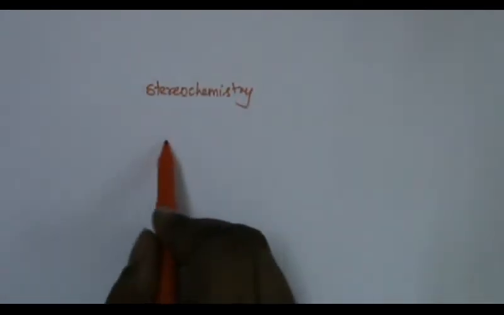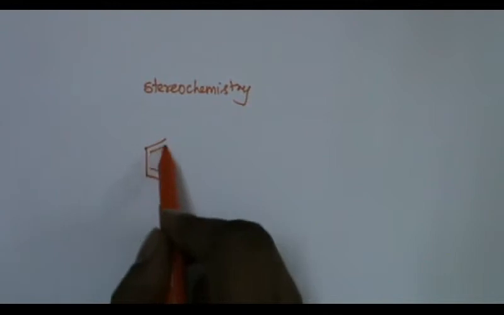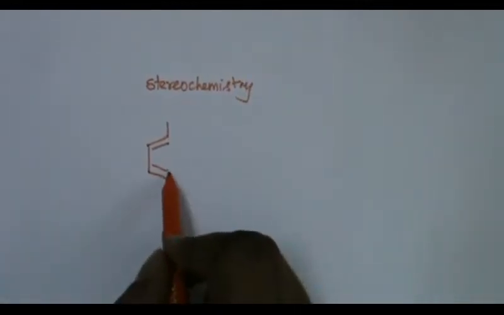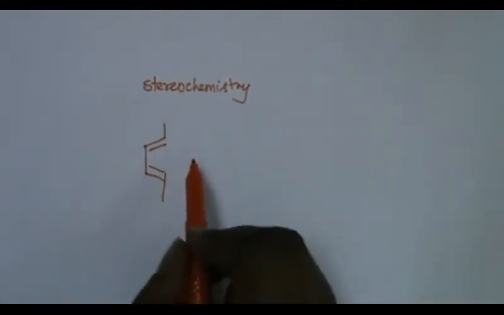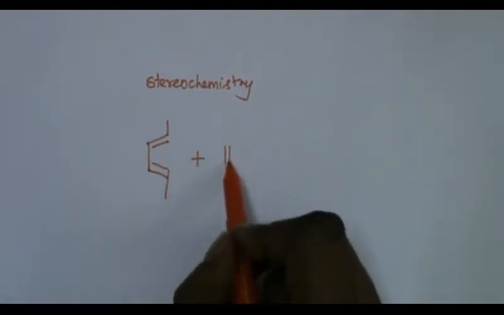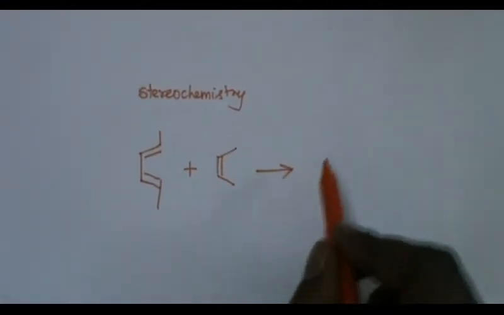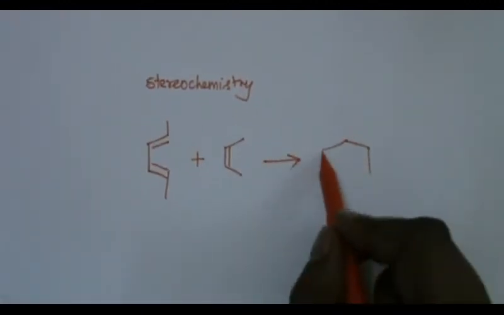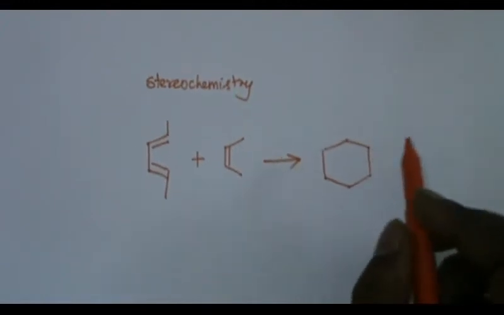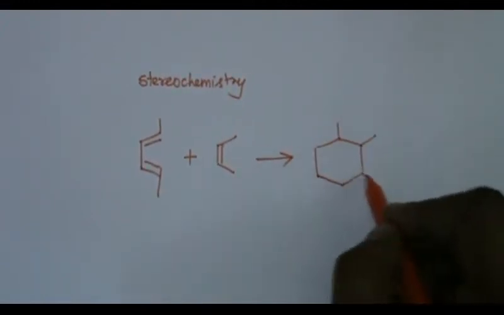when a product is formed between this diene and a dienophile like this, the product we get has 4 chiral centers.